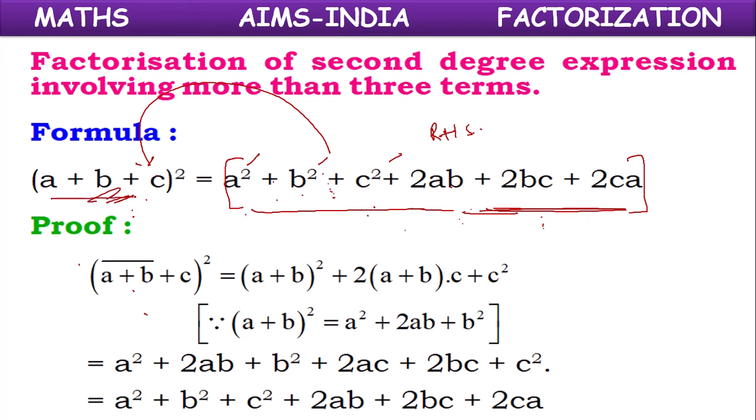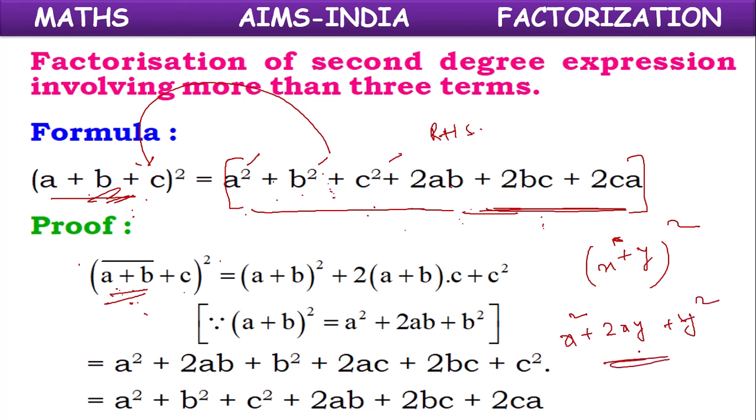Suppose they have given a plus b plus c whole square. If you take a plus b as one group, it is in what form? x plus y whole square, which is equal to x square plus 2xy plus y square, which we have learnt already.